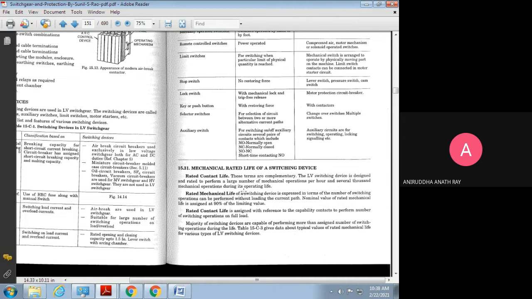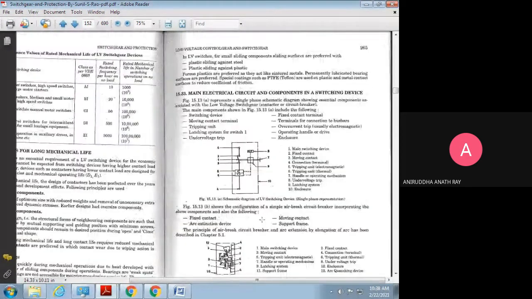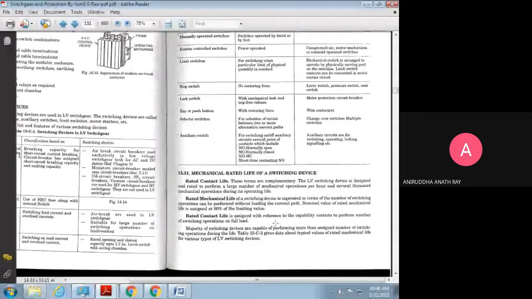I repeat, the rated mechanical life of the switching device is expressed in terms of the number of switching operations that can be performed without loading the current path. Now again, the nominal value of the rated mechanical life is assigned as 90% of the limiting value.